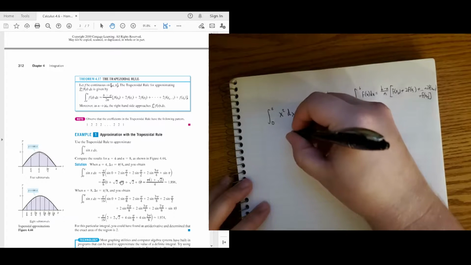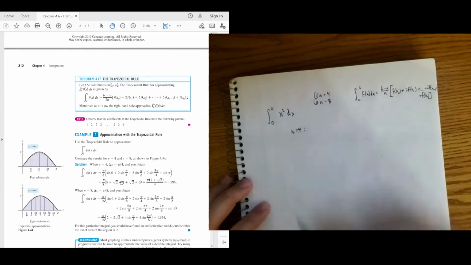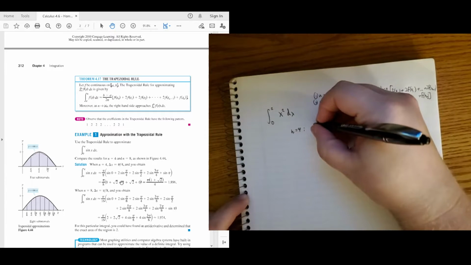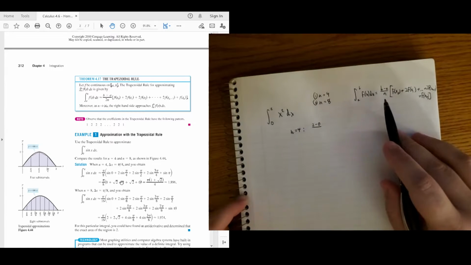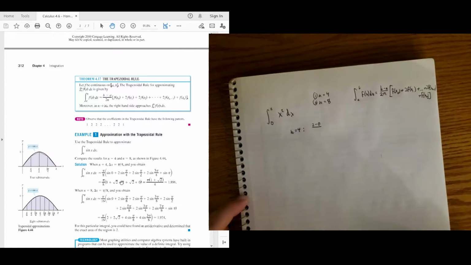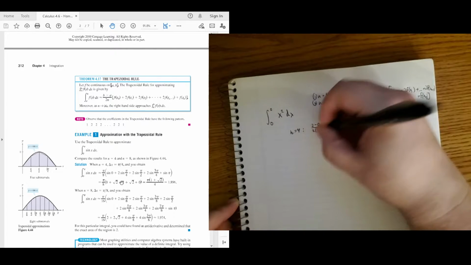So this time, n equals 4. So we have b minus a over n, so that would be 2 minus 0 over our n. Wait, sorry, make sure it's correct. The trapezoidal rule has a 2n on the bottom. So in our function, we're going to do 2 times 4.